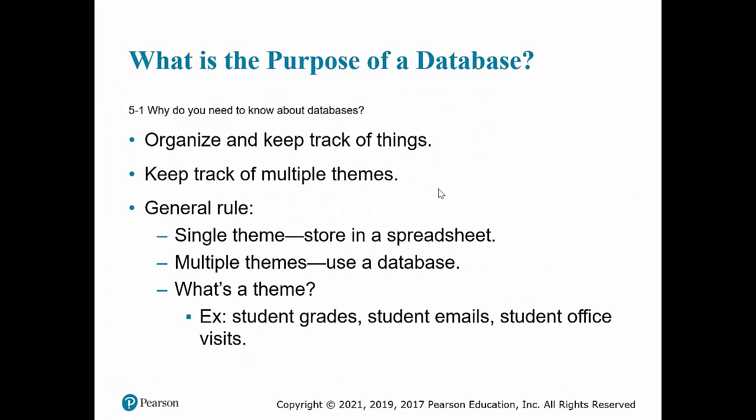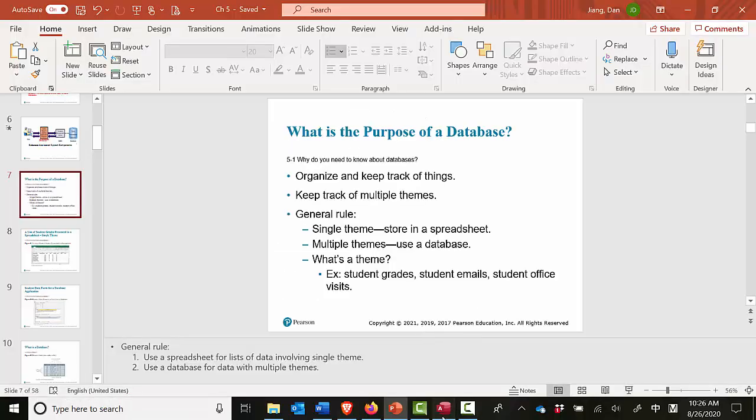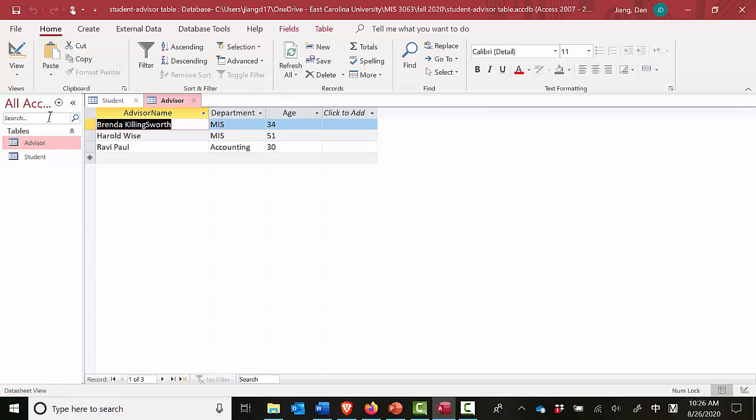What is the purpose of a database? As I just said, the purpose of database is to store and organize the data. And database usually keeps track of multiple themes. A theme basically is the thing that one table is about. Let me show you guys what it means in a real database. In this database, there are two tables, the student table and the advisor table.